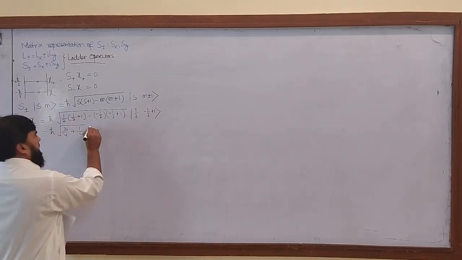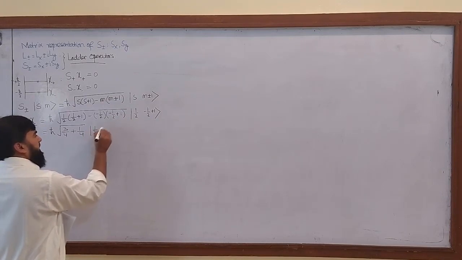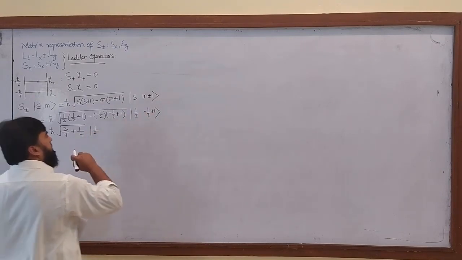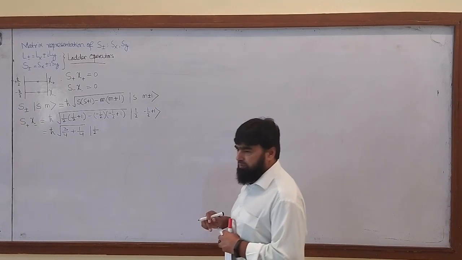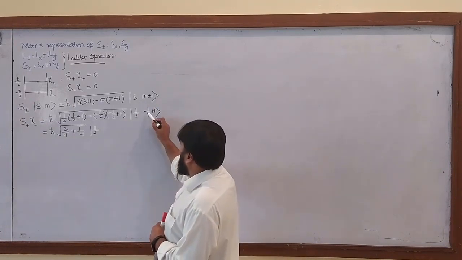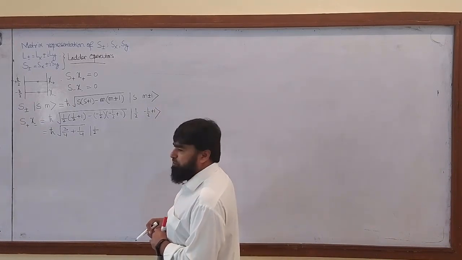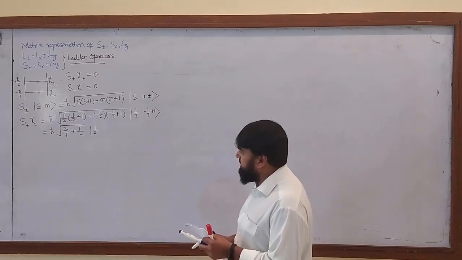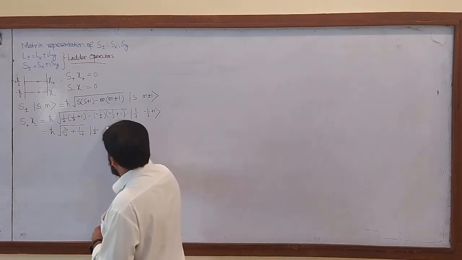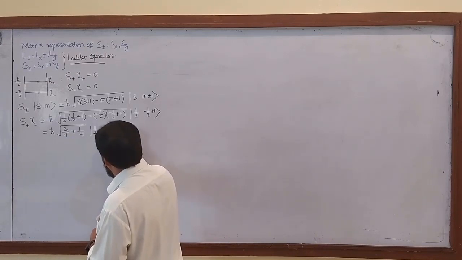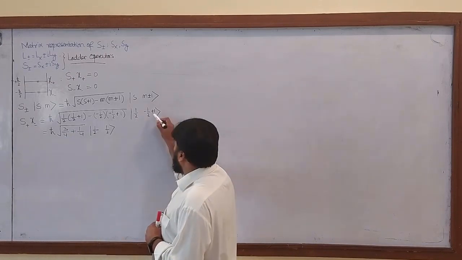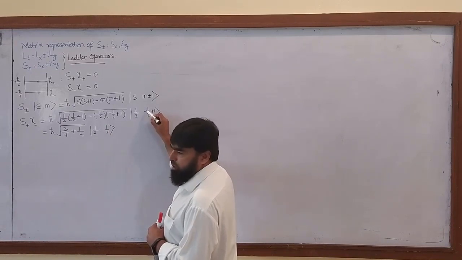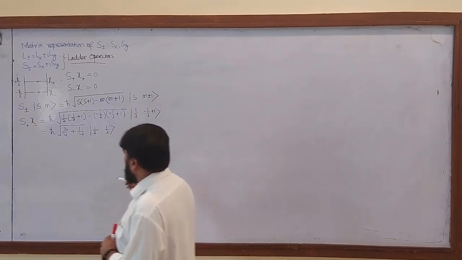What about this one? It becomes half, and this becomes minus 1 over 2 into plus 1. Again, it becomes half, because this is 2, 2 minus 1 is 1, 1 over 2.